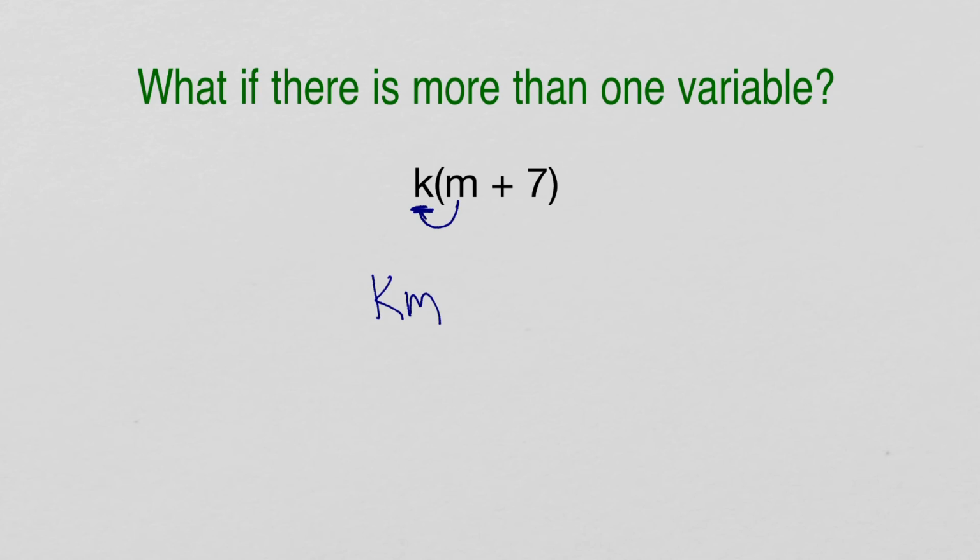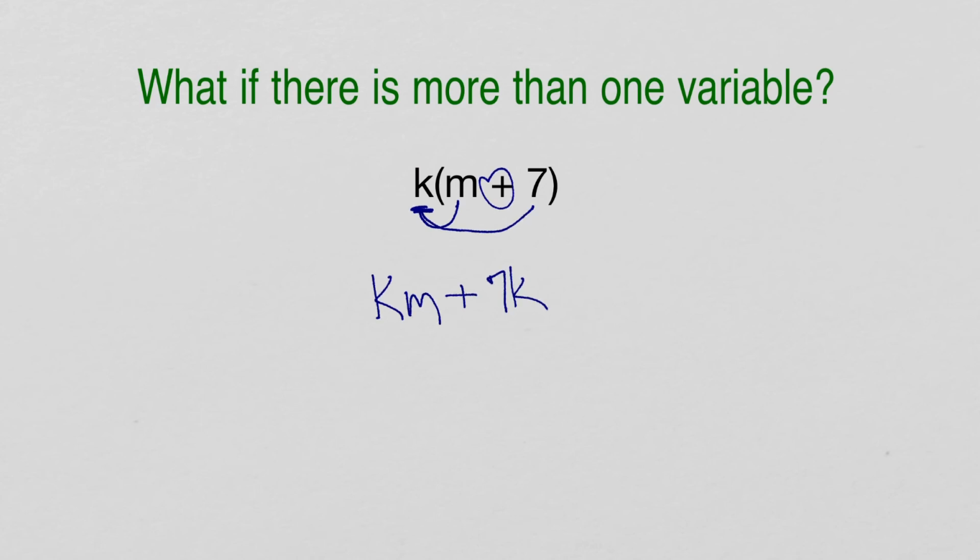I can then do k times 7, which is not k7, but 7k, because remember, numbers come first. And this was addition, so I popped that down there in my answer. So it turns into km plus 7k. That's it. We are leaving it as just an expression. We want you to understand that this expression we have just created is equal to our original expression. That's all we're doing.